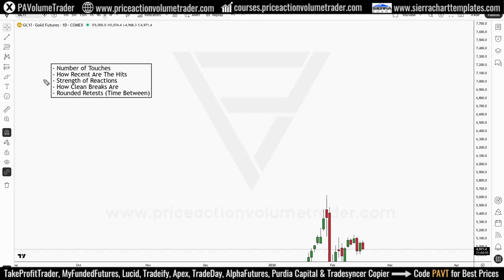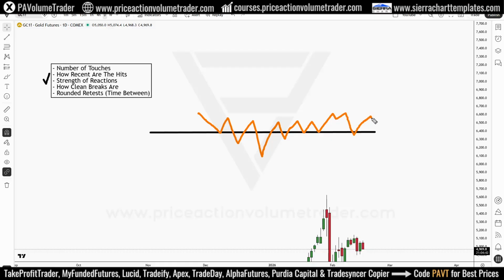Then the strength of the reactions. If I have a level, but I see that price comes into it and all we do is chop around it a lot of times and just basically range around it, this to me loses its importance.